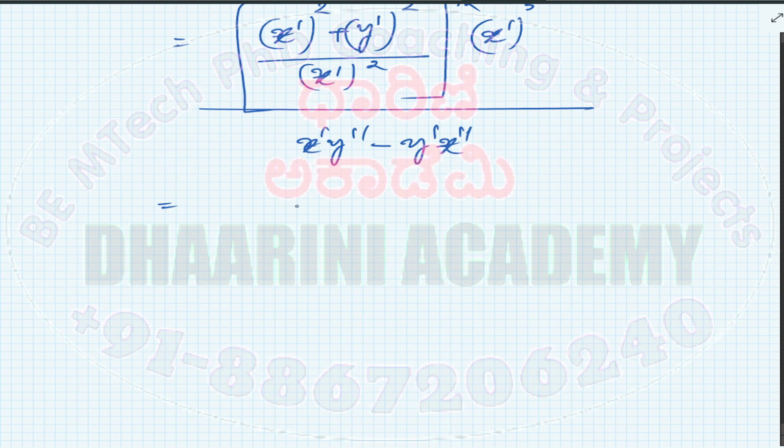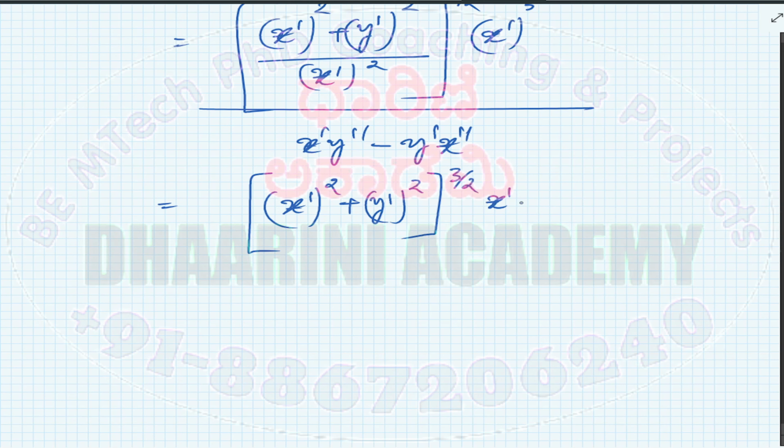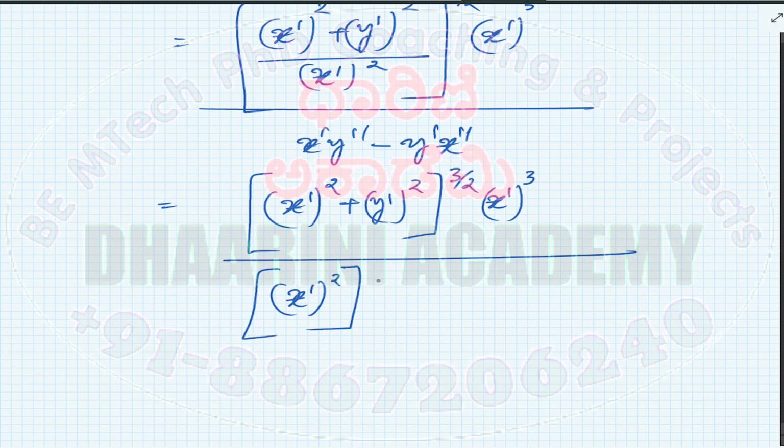I'll write only the numerator like this: x dash square plus y dash square, only this term I keep in the numerator, power 3 by 2 into x dash power 3 whole divided by, the denominator of the numerator I'm going to write in the denominator, that is x dash square to the power 3 by 2, into this other term, that is x dash y double dash minus y dash into x double dash.